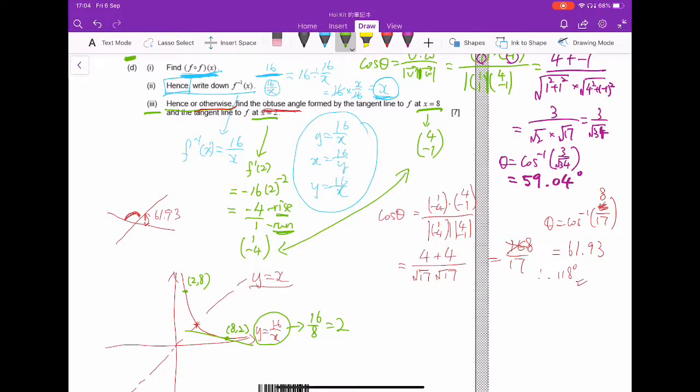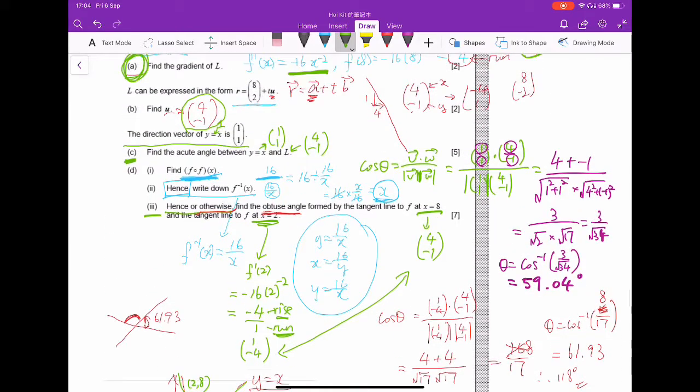But remember, the inverse is just the original function. They're the same. Therefore, we know that if you want a tangent at x equal to 2, you would get it there. And these two tangents are actually symmetric about the line y equal to x, simply because the original function is symmetric about the line y equal to x.